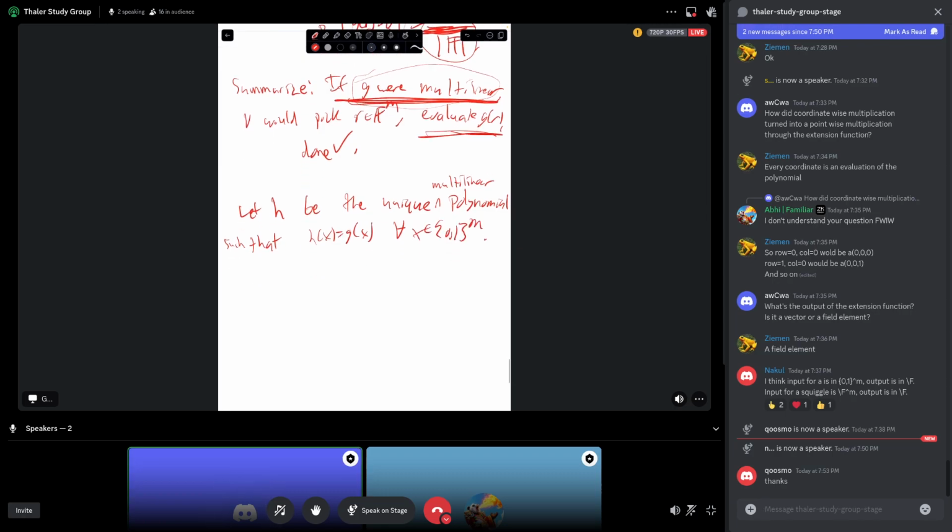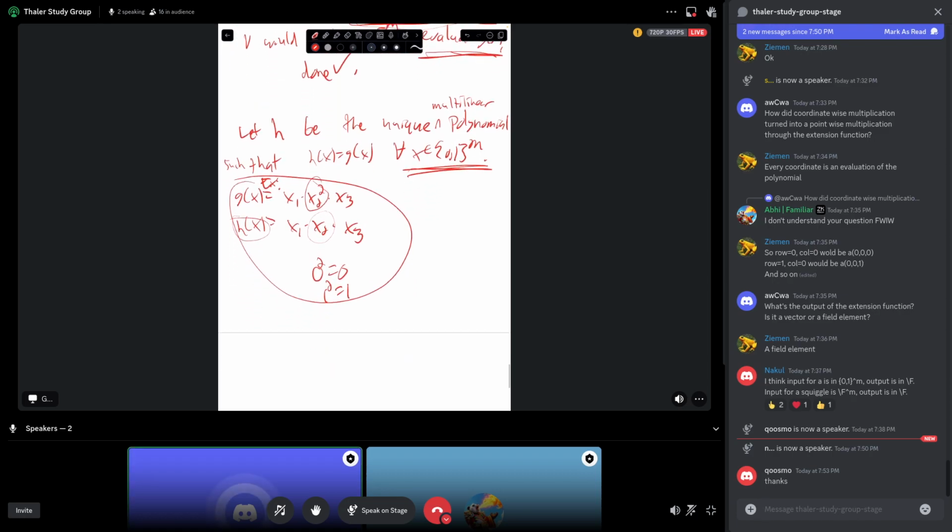I gave an example: if g of x were x1 times x2 squared times x3, then h of x would be just x1 times x2 times x3. The point being that if you only care about points in the hypercube, replacing the square of something with that something doesn't change anything because 0 squared is 0 and 1 squared is 1. So here's a little example of what this h looks like, given a specific g.